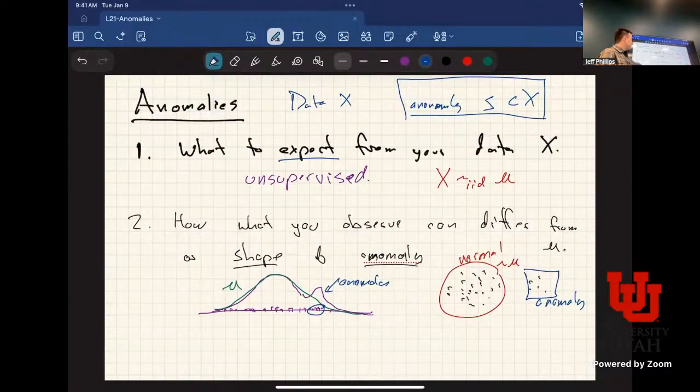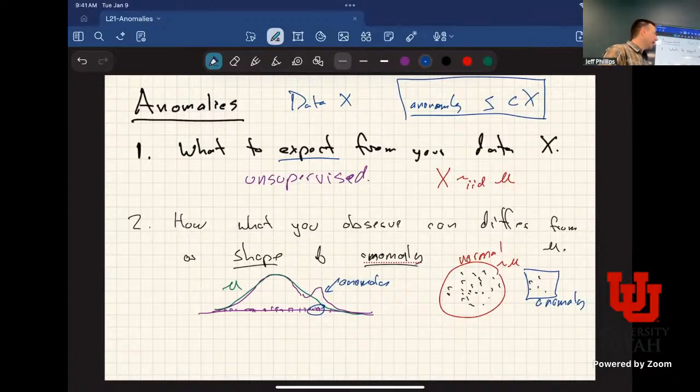The issue is I don't necessarily need to know which of the points here are actually anomalous, but I know something is different from what I expected of this normal distribution in this region. An outlier would need me to select which points were the outlier points, whereas the anomaly says there's something going on in this region.